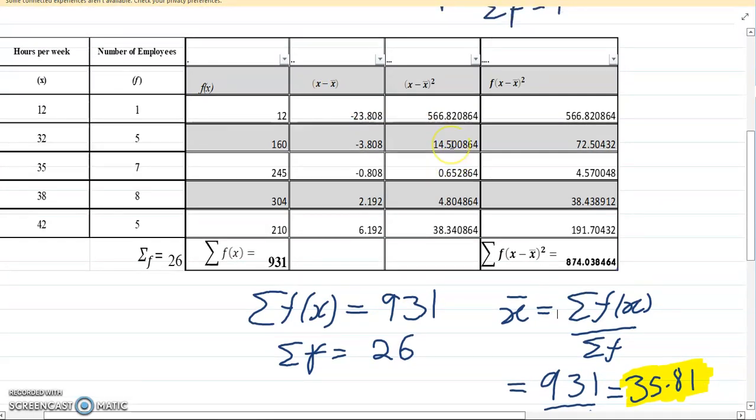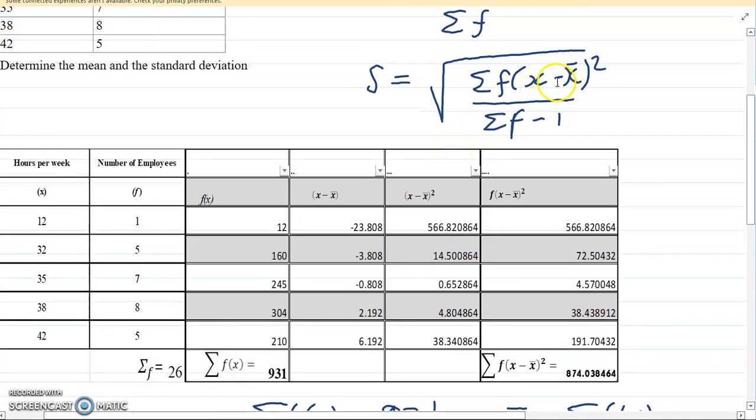Now from here, remember, we need x minus x bar squared. So we are just squaring x minus x bar. So we are getting these values, we are squaring them, right? This is x minus x bar, and the square of that is x minus x bar squared. So we're going to have 23.808 squared, which is going to give us 566.820864.